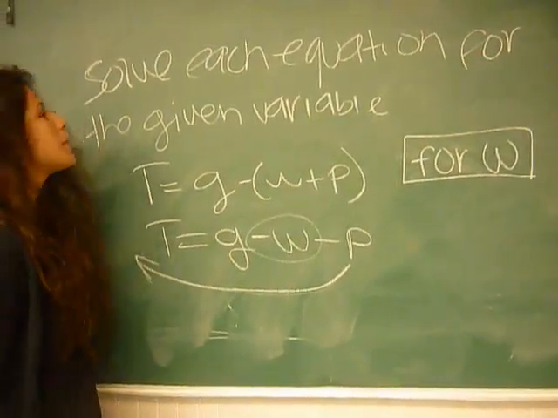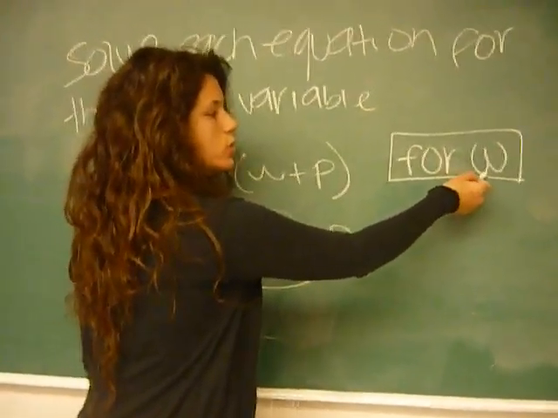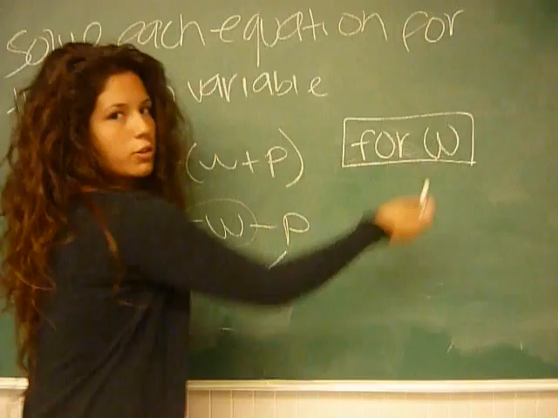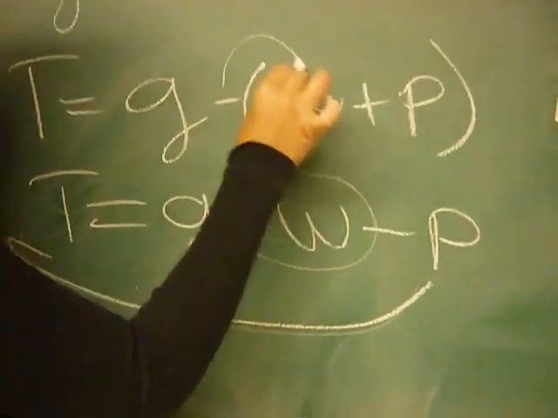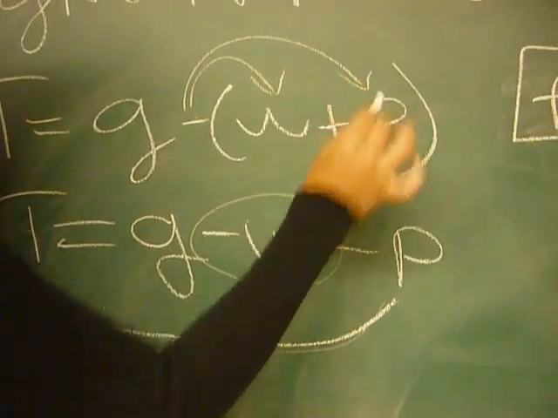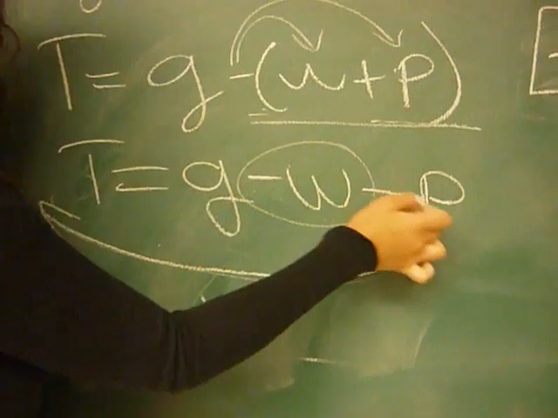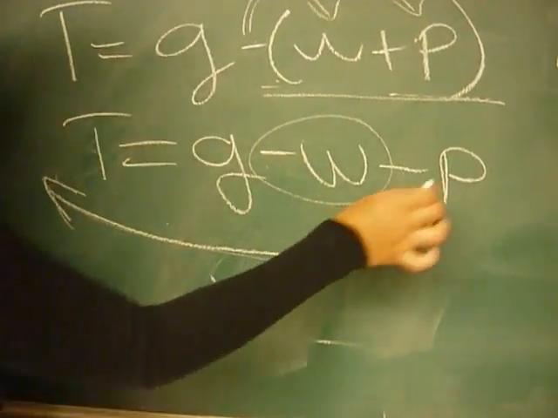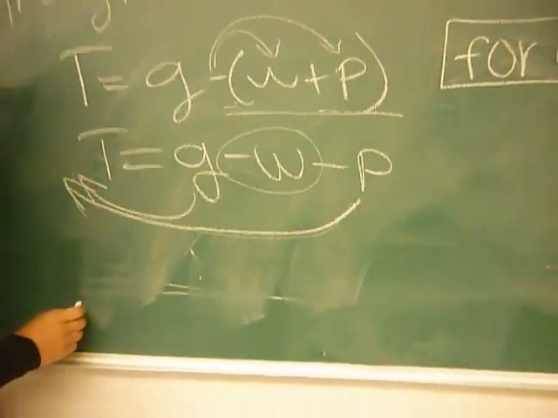Okay, now I'm going to explain how to solve each equation for the given variable. Our variable we're looking for is w. First we have to do the distributive property with the negative sign to all the parentheses. You're going to get minus w minus b. Now you're going to move all the variables that are not w to the other side with the opposite sign.